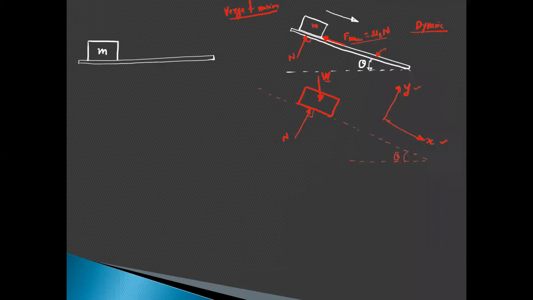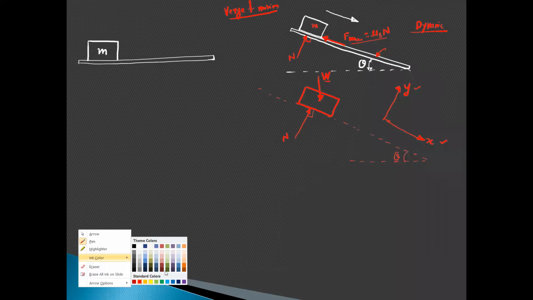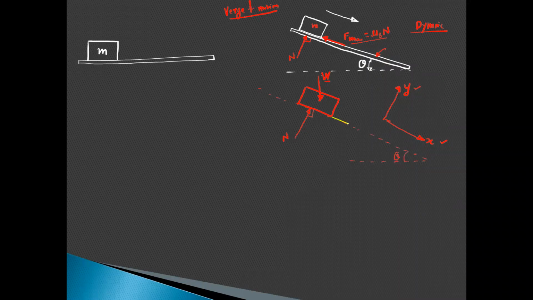So this is the frictional force, which is F max, and it is exactly along the x direction. Right now it is in the negative x direction, but it is parallel to the x direction. But W is inclined with the y axis and the x axis. The normal reaction is exactly parallel to the y axis.